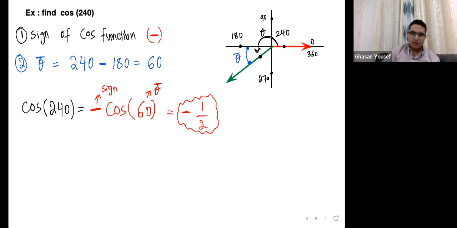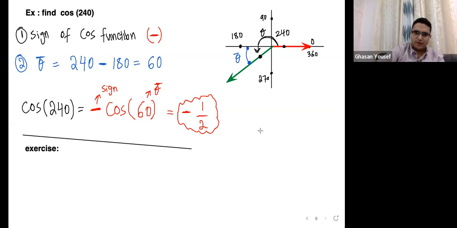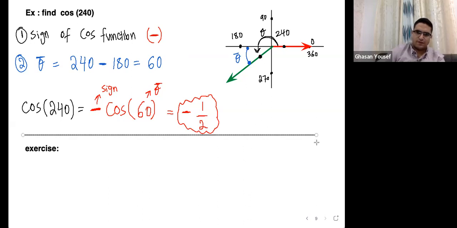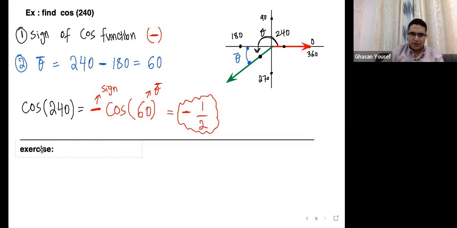Okay, so I'm going to give you an exercise for some angles, and you should practice these angles to understand what actually we are doing.